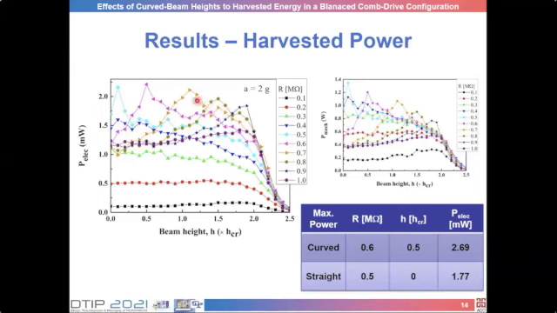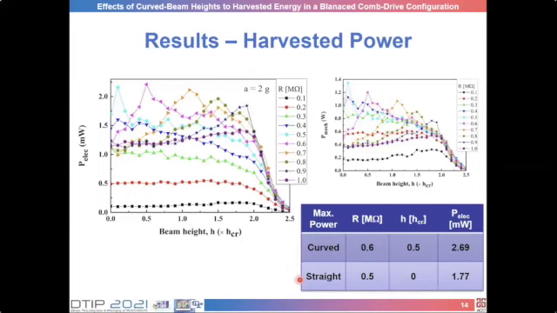The maximum power does not vary much for the range of 0.5 megaohm to 0.9 megaohm. In the case of electrical power, we can see a much more remarkable maximum power change than in the case of mechanical power.